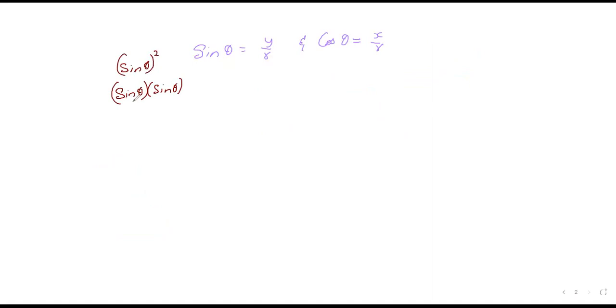Now we know that we only square the ratio, not the angle. And from here, sine theta is y over r, and the sine theta is y over r. This will give you y squared over r squared.